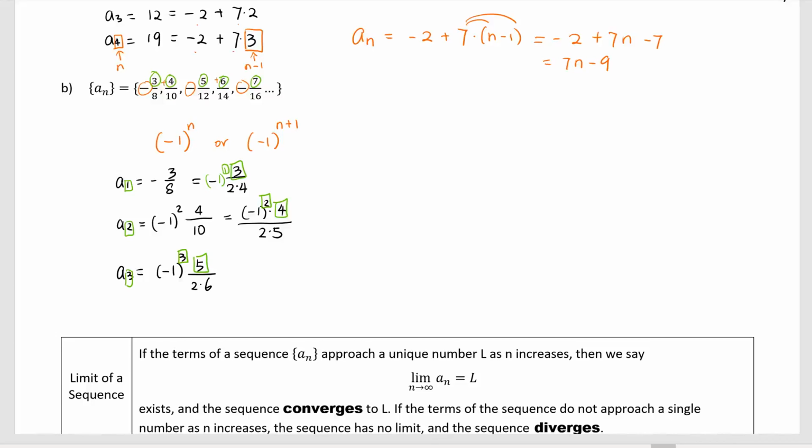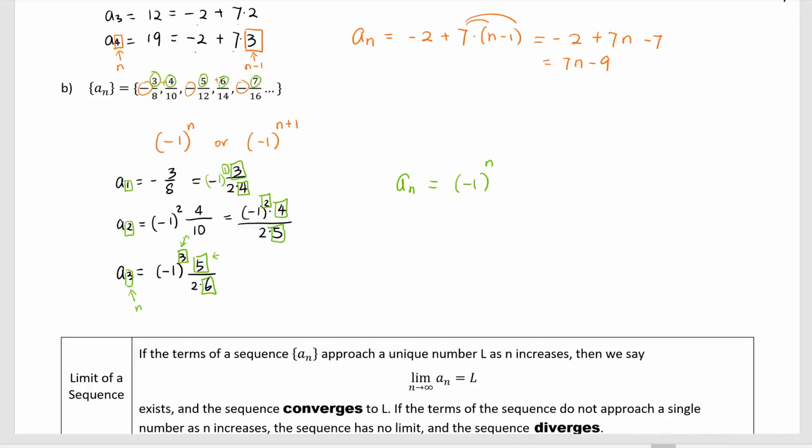The denominator 2 stays the same, but the 4, 5, 6 changes. Okay, now in general, A sub n. You see, if this is 3, this is 3. So, what do you guess? If this is n, then this is also n.